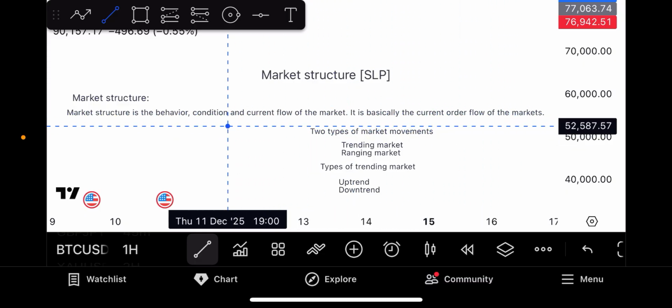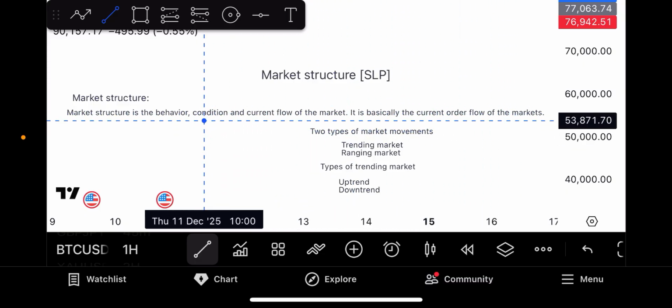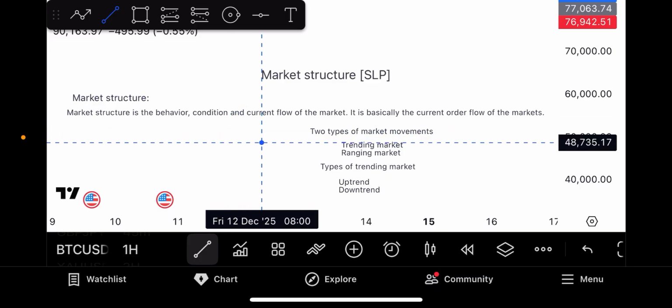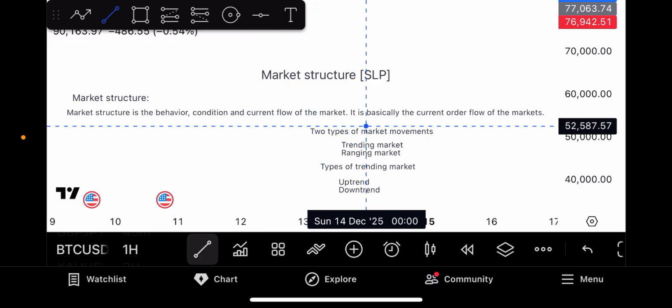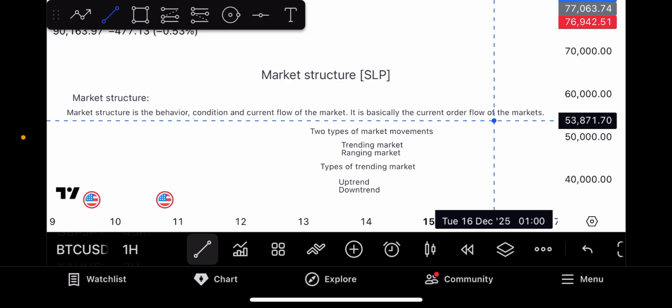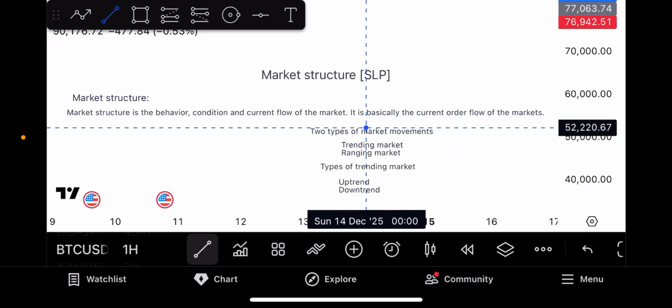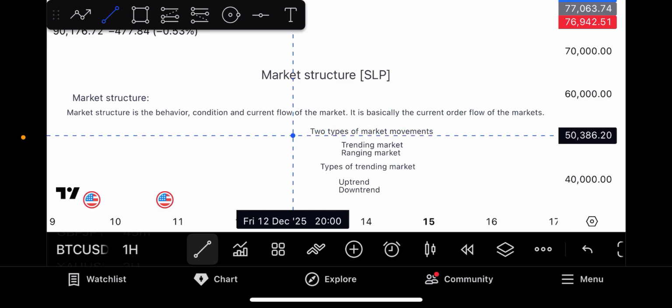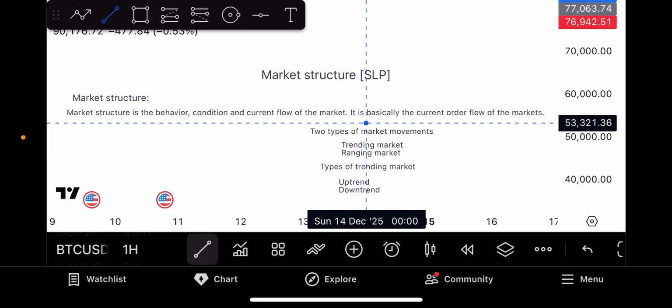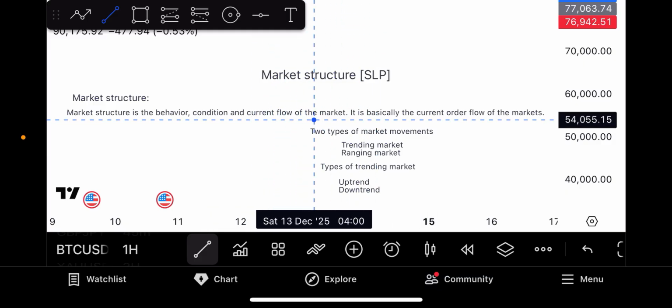It's the pattern in which price approaches the market. That is what market structure is.